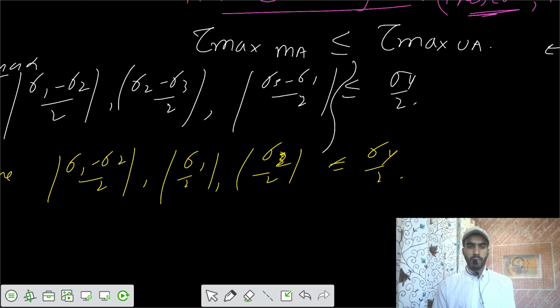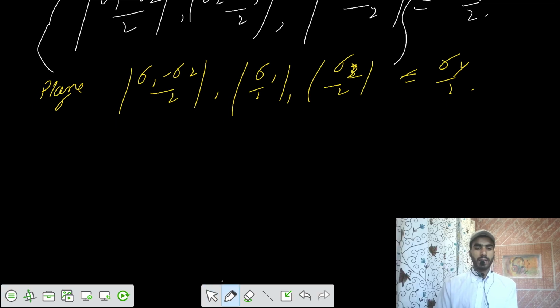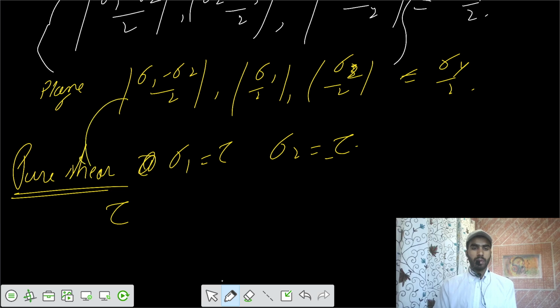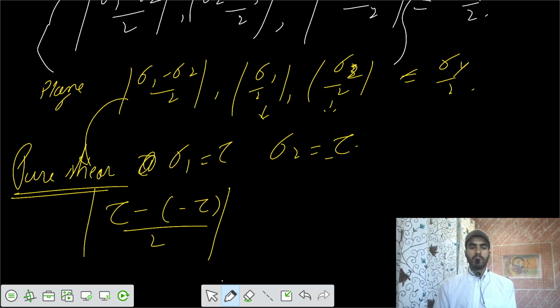Is it suitable for the pure shear case? Let's talk about pure shear, where sigma 1 equals tau, sigma 2 equals minus tau. Then we write tau minus minus tau, by 2, which is tau, should be less than or equal to sigma y by 2.